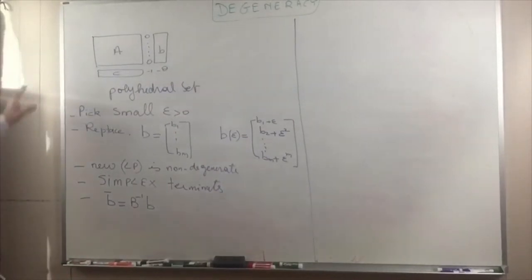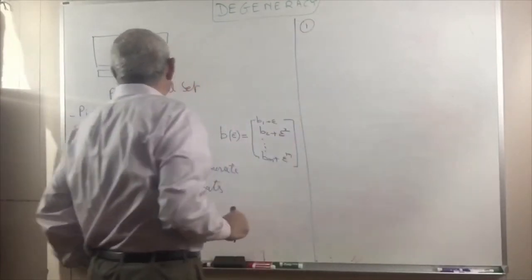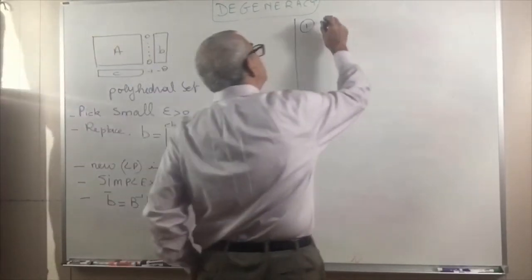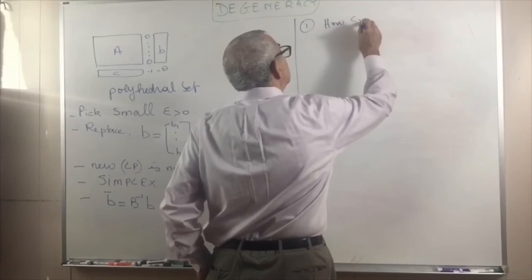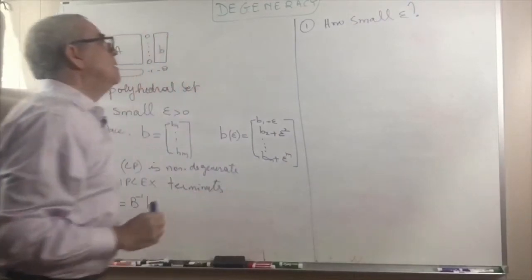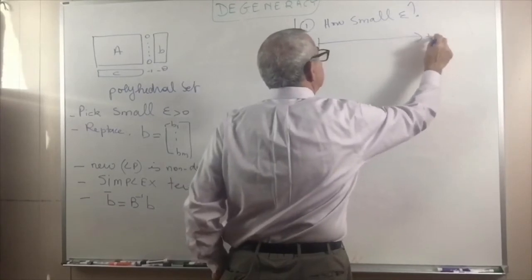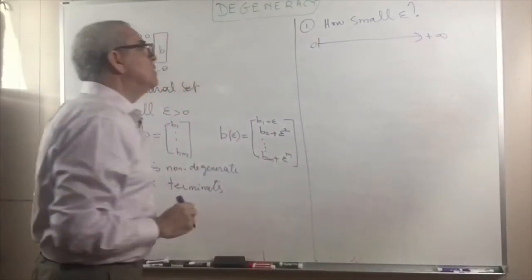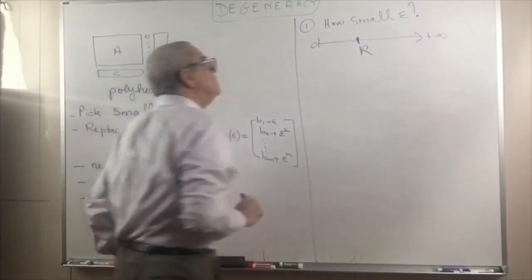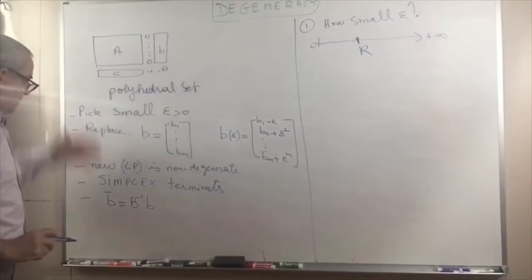There are two issues with this method right here. Number one, I said pick small epsilon positive. I didn't say how small. So the issue is how small. We're going to prove in a minute that on this line, between plus infinity and 0, there is a number r such that if I pick any epsilon between 0 and r, what I said here is absolutely correct.